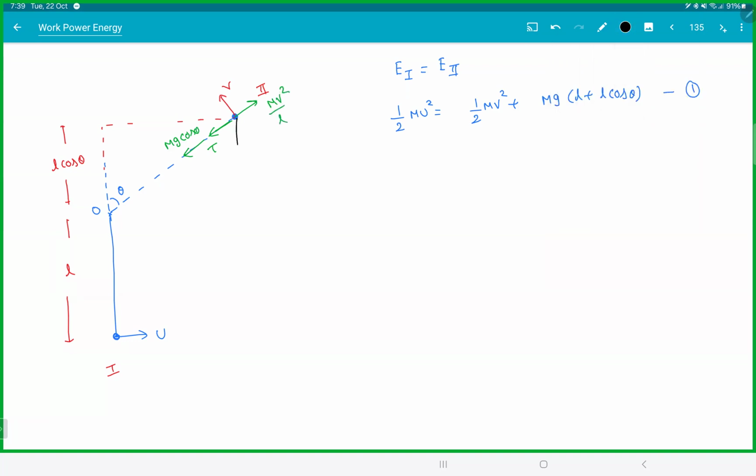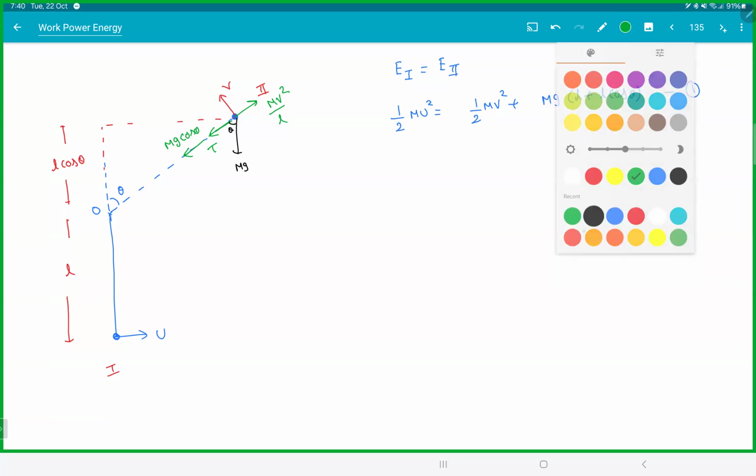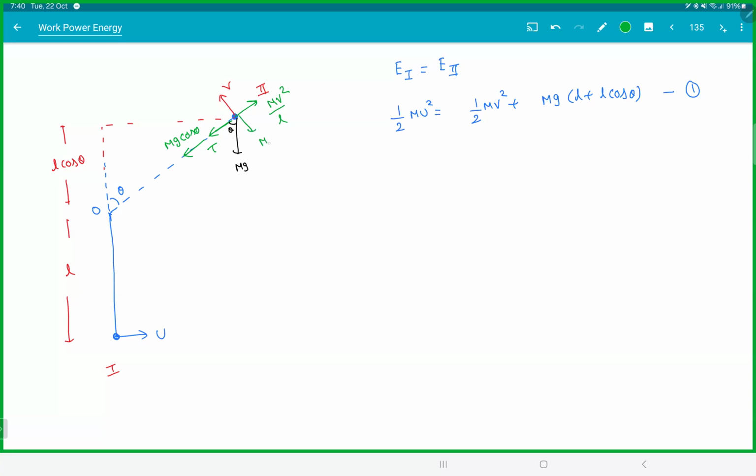How did you get that? This is mg, this is theta, so that is the mg component. This was mg sine theta that we don't need. So in this direction, tension plus mg cos theta is balanced by the centrifugal force. T is becoming 0. We get v square is equal to gL cos theta. This was your equation 2.